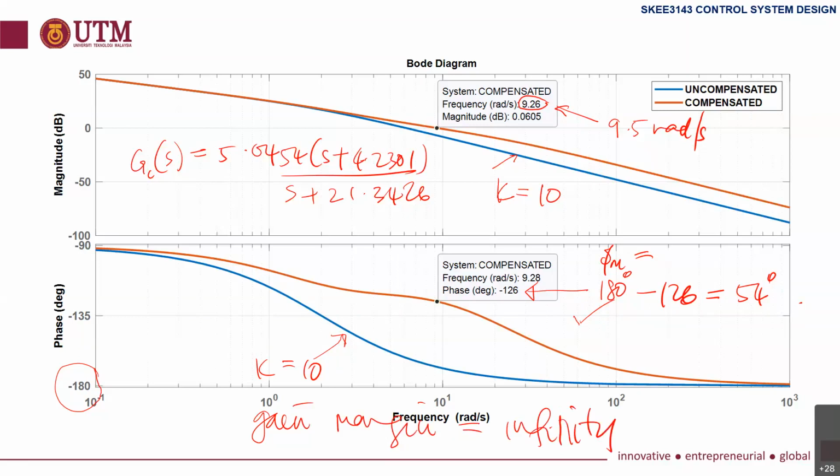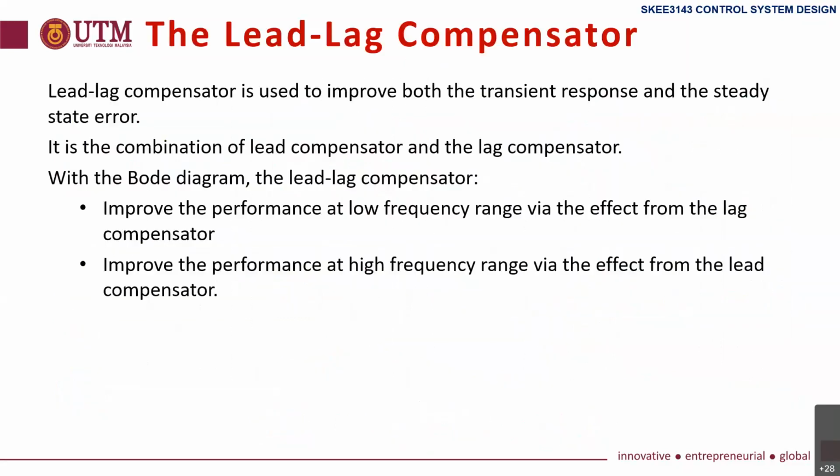Therefore we have successfully designed the lead compensator and achieved both gain margin of more than 10 dB and phase margin of 50 degrees. All right, any question on the lead compensator?